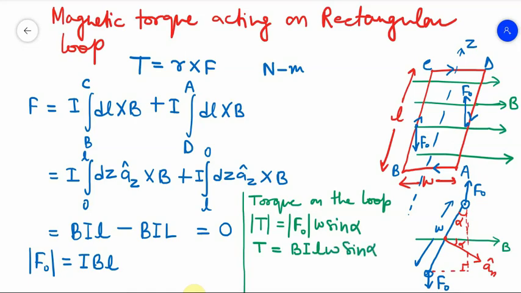And this L into W can be written as what? This L into W is the area of the loop, length into breadth. So in place of this we can write S, that is the area of the loop. So this T can be further written as B I S sin alpha.